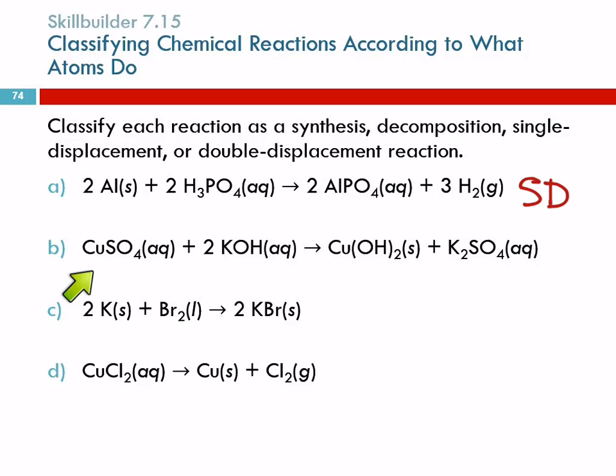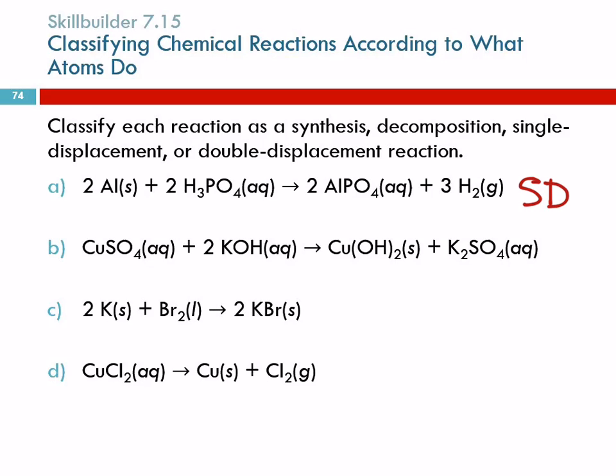Let's look at this next one. Here we have, again, two reactants, two products. That eliminates synthesis and decomposition. So then we need to look at what the atoms are doing. Here we have copper and his date sulfate. We have potassium and his date hydroxide. And they're swapping partners, aren't they?